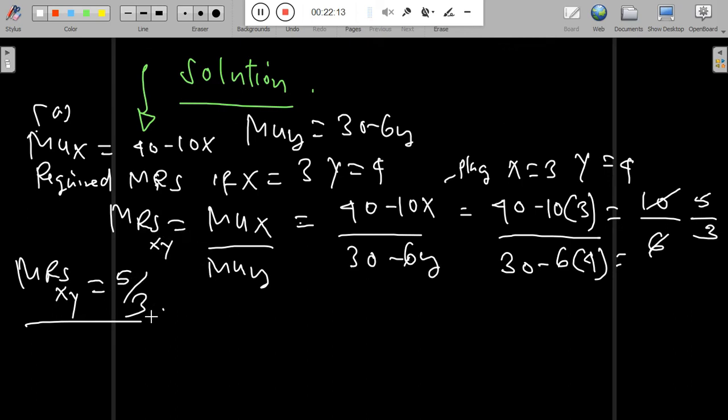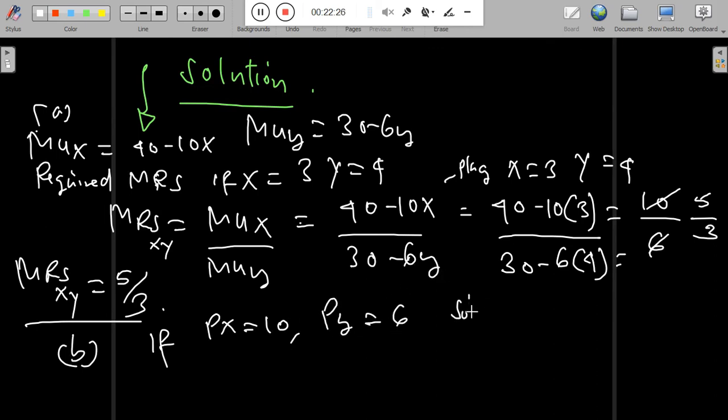Now let's go to part B. We are required to prove if the utility maximization is in equilibrium. We are provided with the price of X, which is equal to 10, and the price of Y, which is equal to 6.